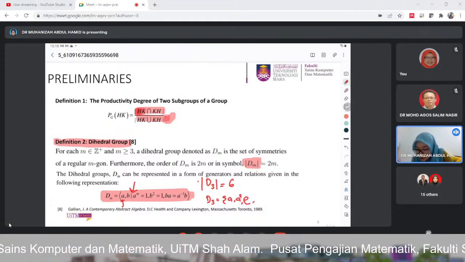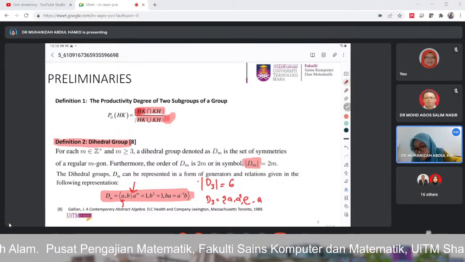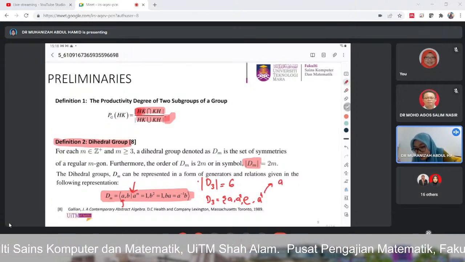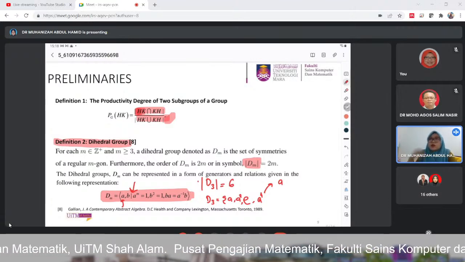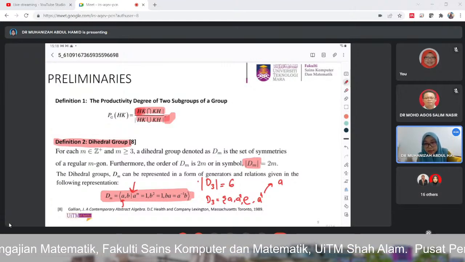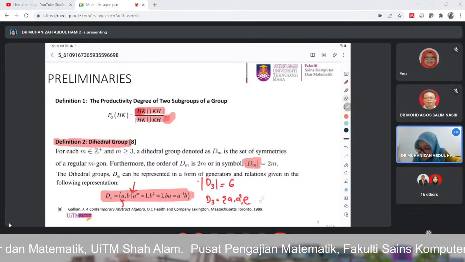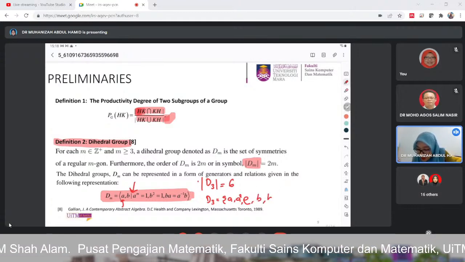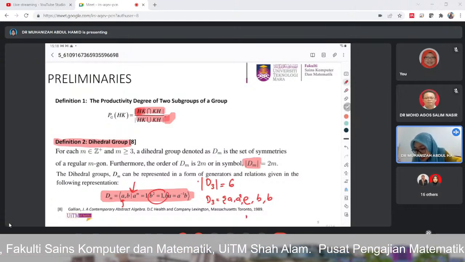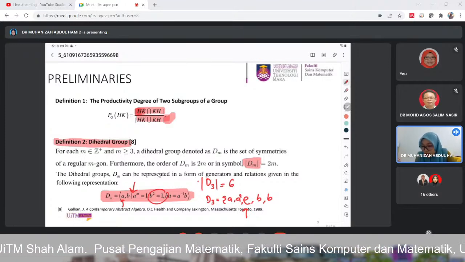Okay? If you multiply one more time, you will get a to the power 4, right? But a to the power 4 is equal to a, because a cubed is the identity, and you would keep repeating the same elements. So we just stop when we get the identity element. But now we have b, and b squared is equal to 1, the identity, which we already have, so we don't need to put it twice.